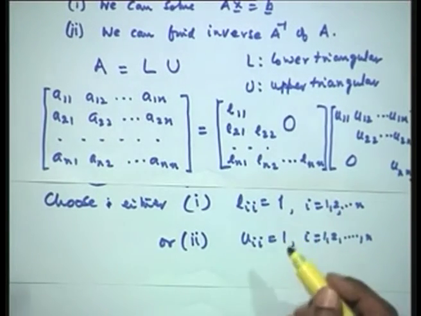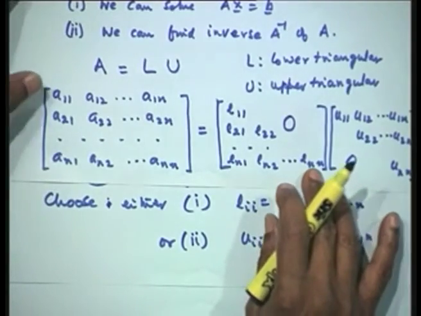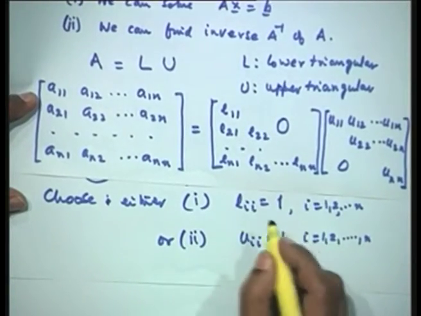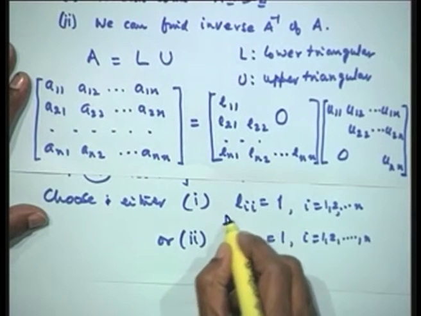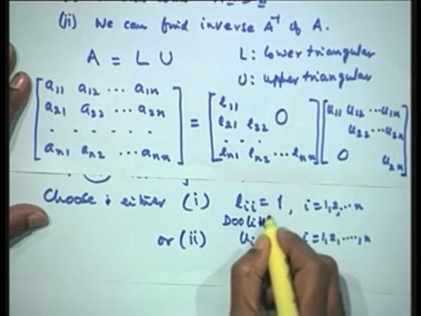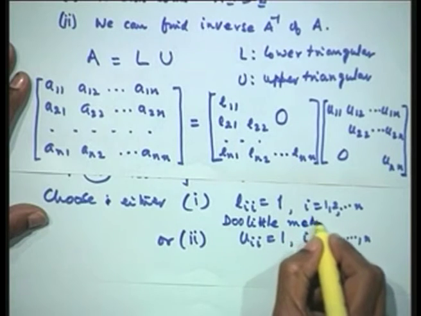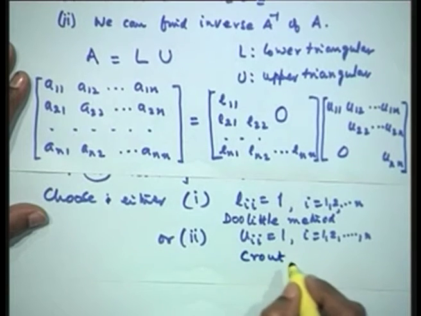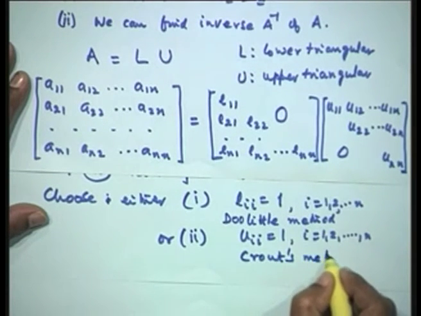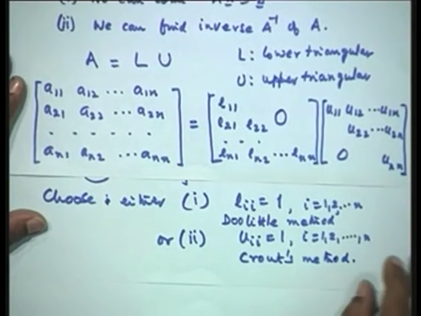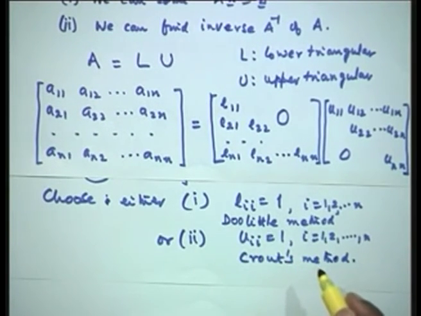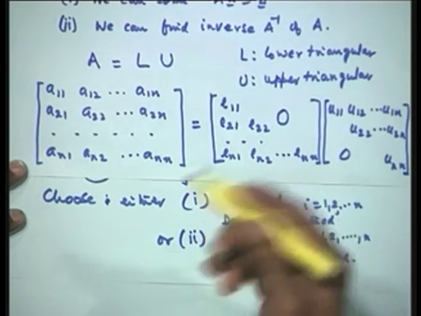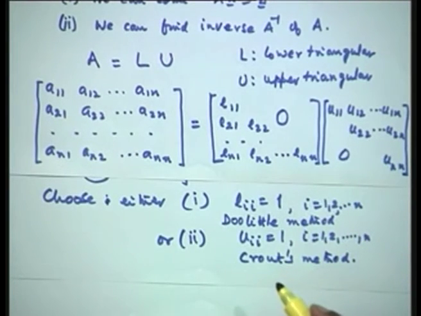The names are there because different authors have used and invented these at different times. The first method, Lii equal to 1, is called the Doolittle method, named after the author Doolittle, and Uii equal to 1 is called the Crout's method. Both are useful, because for analysis of the methods we sometimes take Lii equal to 1 as the best way of writing it and then analyze the methods.